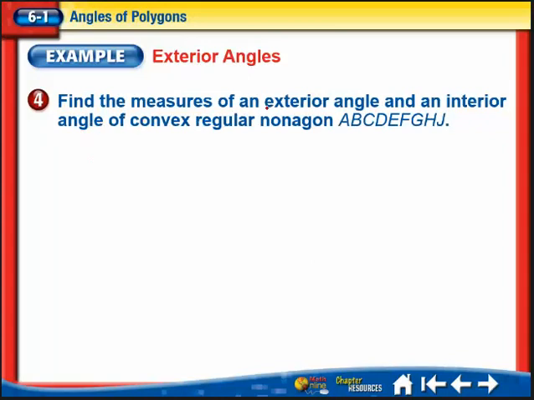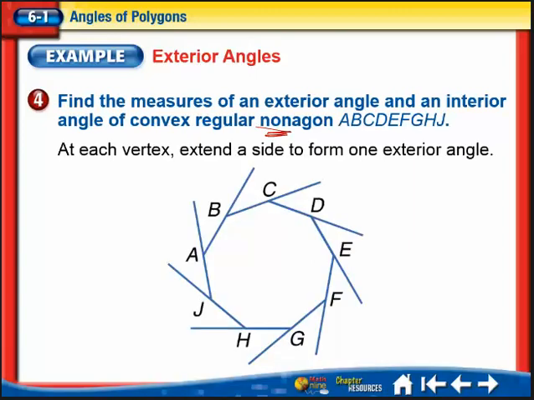Find the measures of an exterior angle and an interior angle of a convex regular nonagon. Okay, they didn't draw it for you. You have to know what a nonagon is. A nonagon has 9 sides. So it would look something like this. We're trying to find one of these angles, and then we're going to find this other angle, this interior angle.